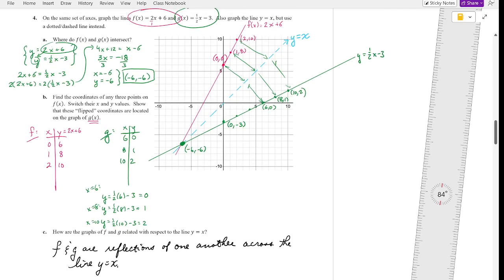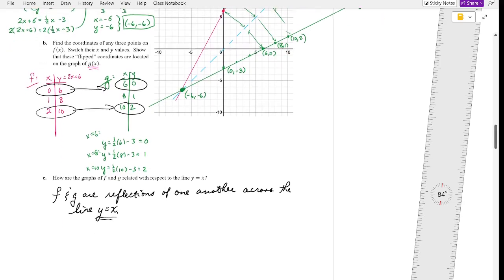And so if you switch the coordinates, if you take something like this and you flip it over to something like that, or (2, 10) turns into (10, 2), that's the same thing as saying reflect across the line y equals x. Okay?